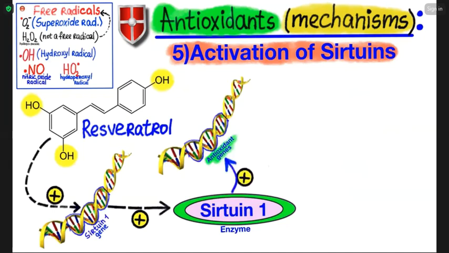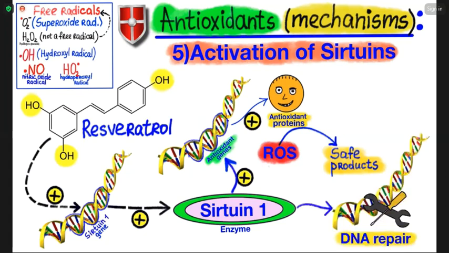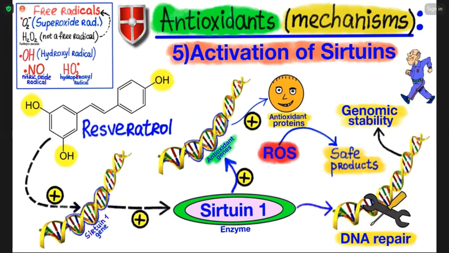By promoting the expression of antioxidant genes and proteins, sirtuin 1 activation helps to counteract oxidative stress and protect cells from harmful reactive oxygen species. Additionally, sirtuin 1 is involved in DNA repair pathways, contributing to the maintenance of genomic stability. Activation of sirtuin 1 can enhance cellular resilience against oxidative damage and support longevity.